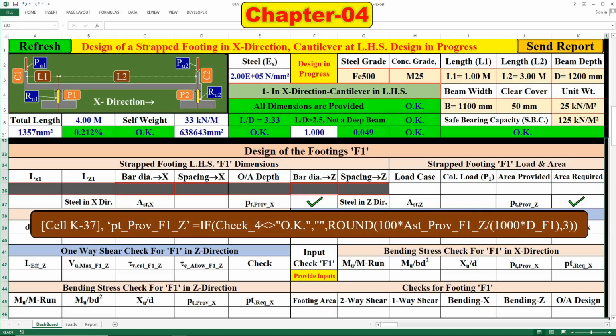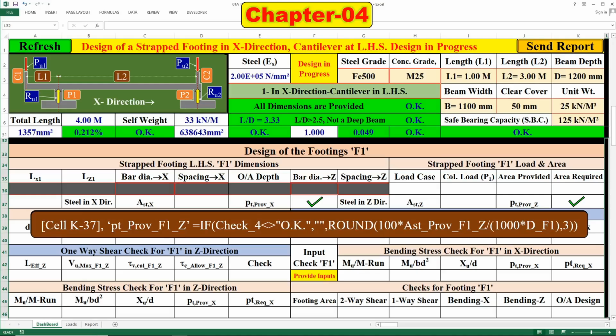Now, we are seeing the formula for percentage of steel provided in Z direction for footing F1 in cell K37. Defined name of the cell is PT_PROV_F1_Z. Once again, this formula is more or less same as the calculation of PT_PROV_F1_X.